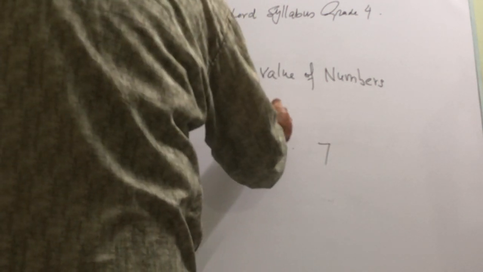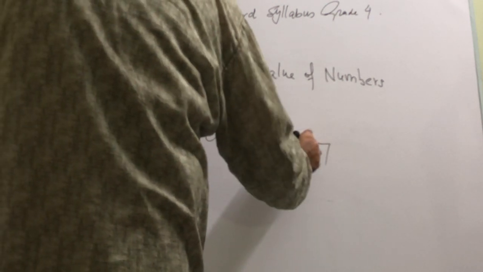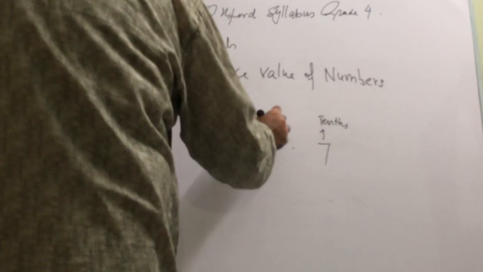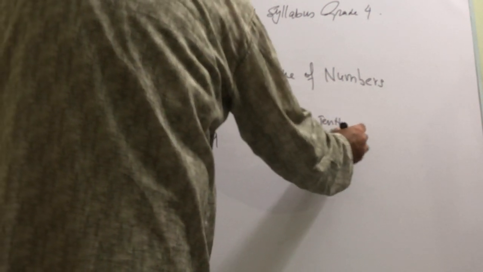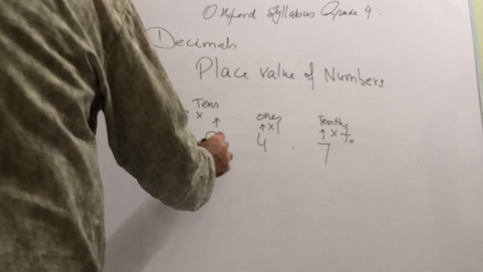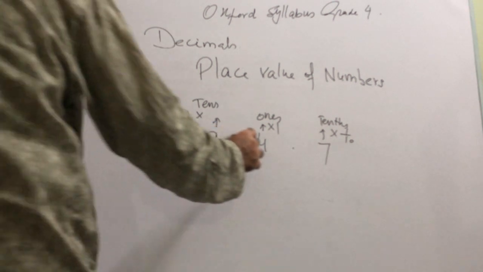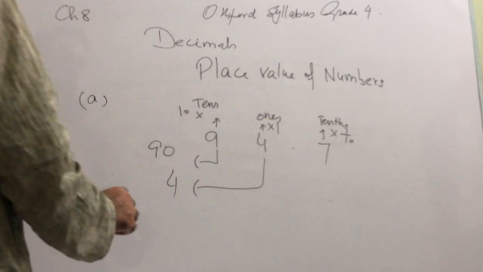This is ones, this is tens, and this is the point. Here it is tens. We multiply with 10, we multiply with 1, we multiply with 1 over 10 to get the place values. For this, 9 multiplied by 10 is 90, its place value is 90. For 4, we multiply with the 1, 4 ones are 4, its place value is 4.